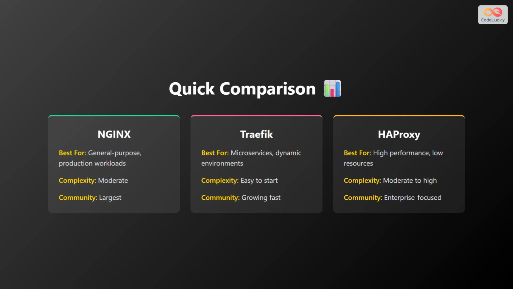Traefik's automatic service discovery makes it perfect for environments where services change frequently. HAProxy excels in high-performance scenarios where low resource consumption is critical. It is moderate to high complexity in configuration, but is strongly focused on enterprise use cases. HAProxy delivers the fastest performance with the lowest CPU usage, making it the go-to choice for demanding production environments.